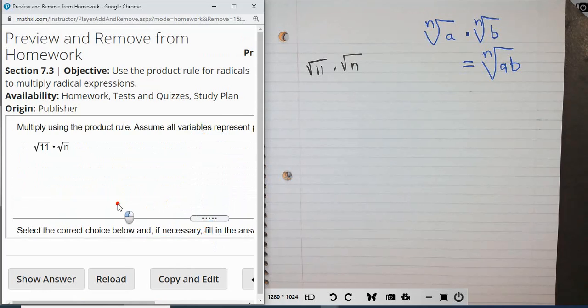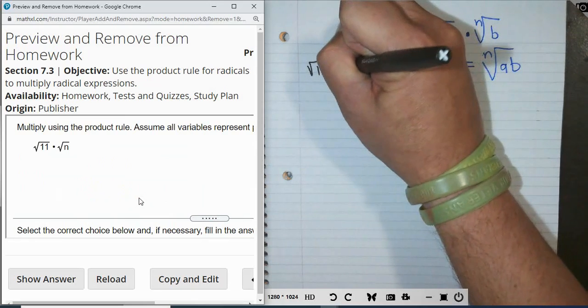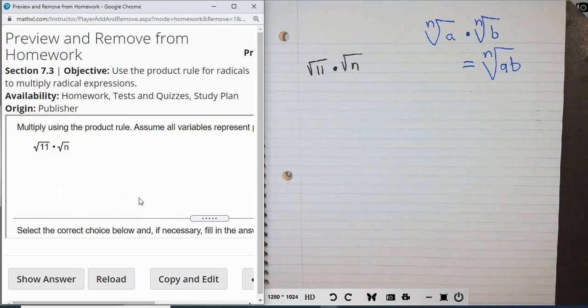So, you may look at this one and you're like, what should I do to this one? But actually, we are multiplying here, indicated by the dot there. And what we are trying to do is get a simplified version of that product.